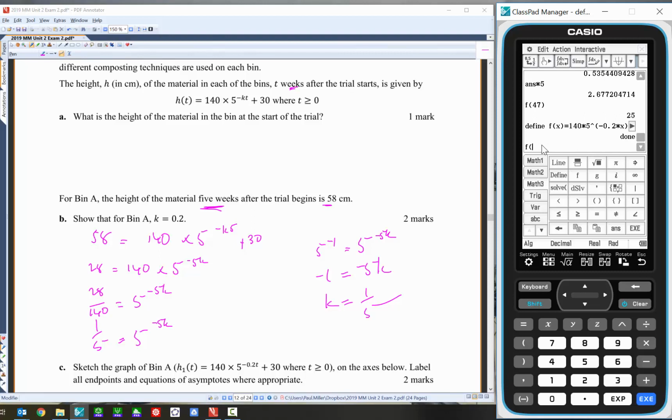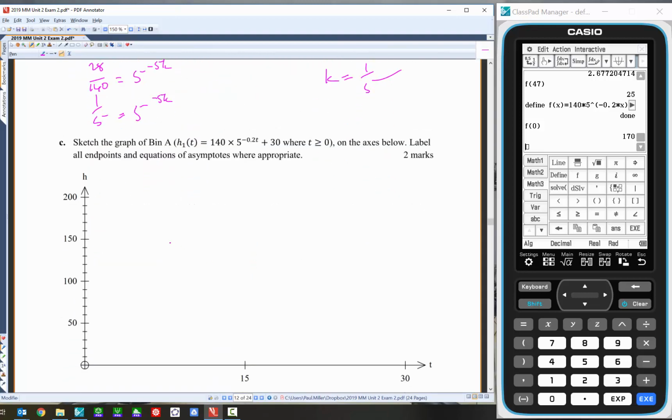All right, let's answer the first question, which is f of 0. So h of 0 is equal to 170. Therefore, 170, that's got to be centimeters. So we want to sketch the graph of this.